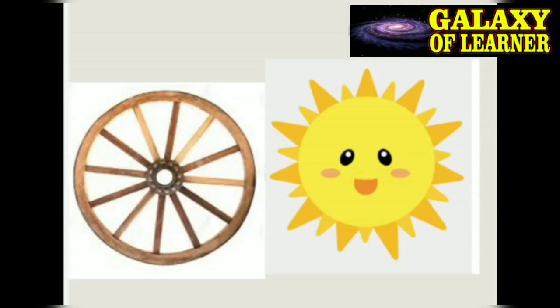Now children, in this slide, what do you see? Yes, the wheel and the moon. Now, what do you see in the first picture? It is a picture of a wheel. And the second picture is sun. Now, tell me student, did you see anything common in the picture?